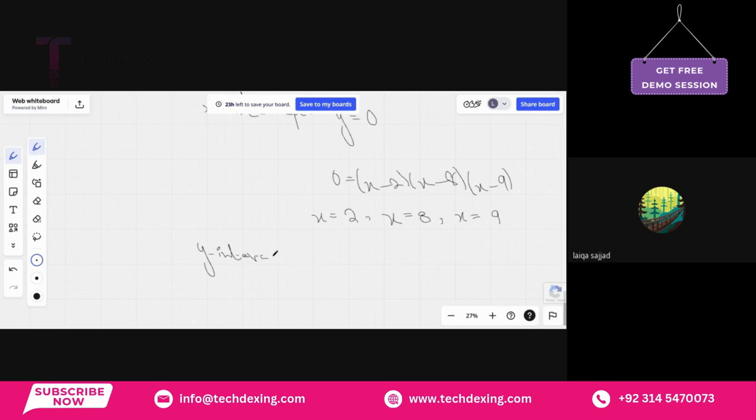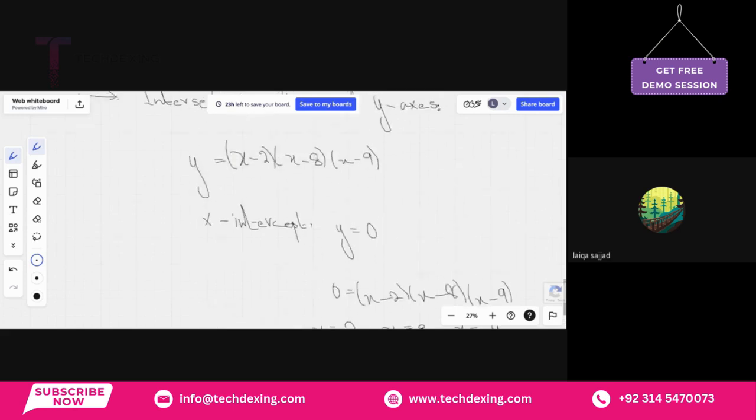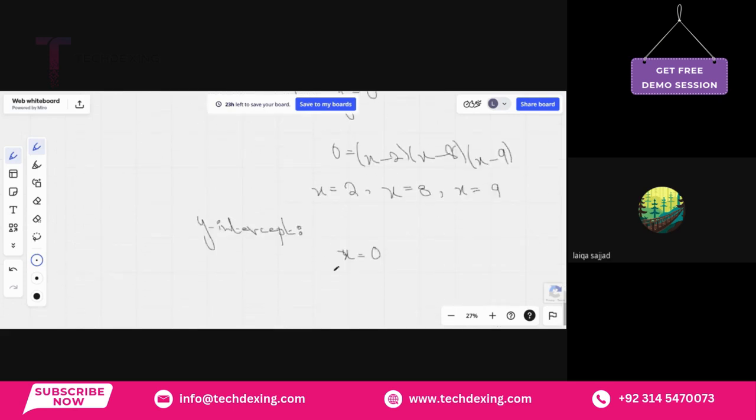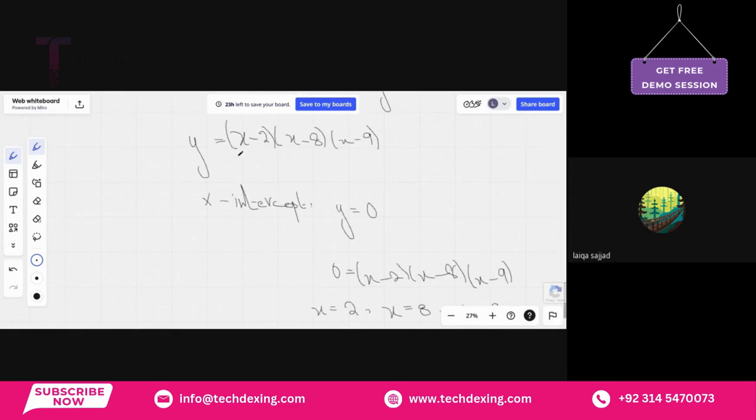To find the y-intercept, we know that the value of x would be 0. The y-intercept is a point at which the graph cuts the y-axis. So at that point, the value of x is 0. You will simply substitute the value of x as 0 into this equation.